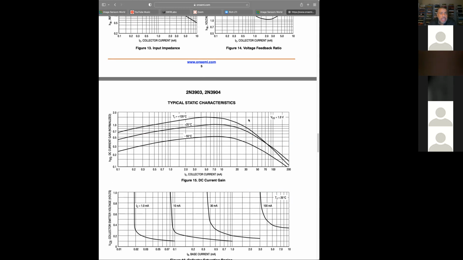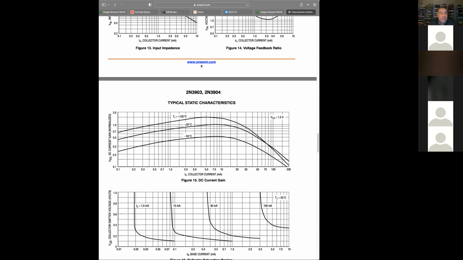another major variation is variation with temperature. So here, we didn't discuss this, but this figure 15 also shows beta with respect to the collector current. And first of all, at each temperature, this beta is changing with the collector current.